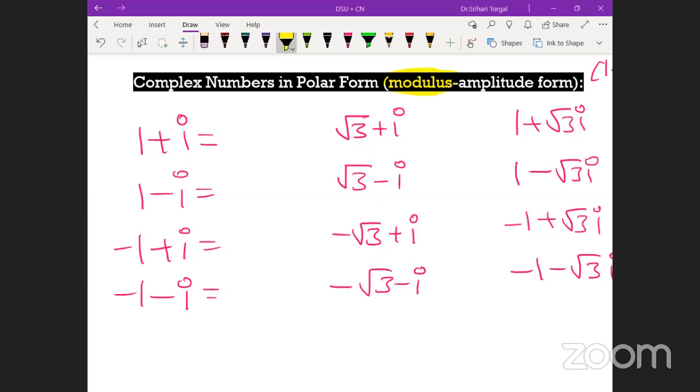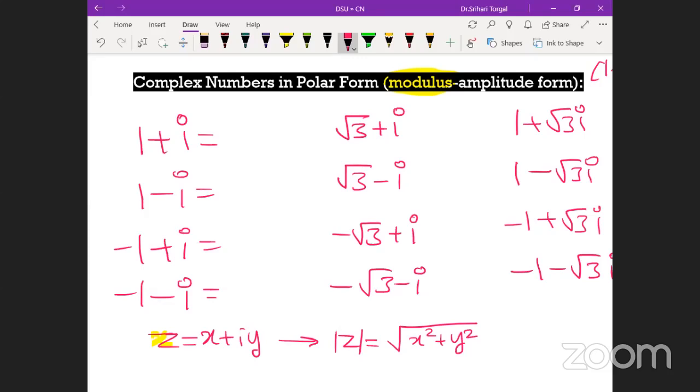Okay. We'll continue. First we'll write the modulus. What is the modulus of this 1 plus i? How to calculate the modulus? If any complex number is in this form, that is x plus iy, and it is equal to z, then the modulus of z is equal to the root of real part square plus imaginary part square.